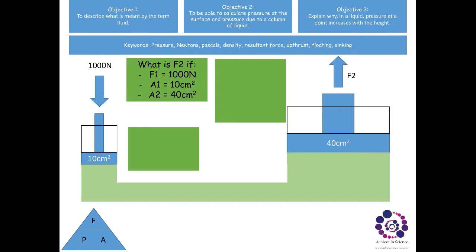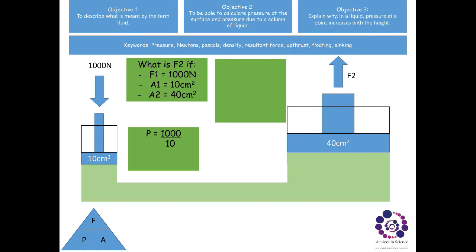Now if we plug all that in, we can actually work out the force that is exerted by F2. Because we know that pressure equals force divided by area. Well, here we know the force exerted on piston 1 and we know the area. So therefore we can do force divided by area, 1000 divided by 10. Please note, I haven't changed this to meters squared, just to keep my numbers easier to deal with.